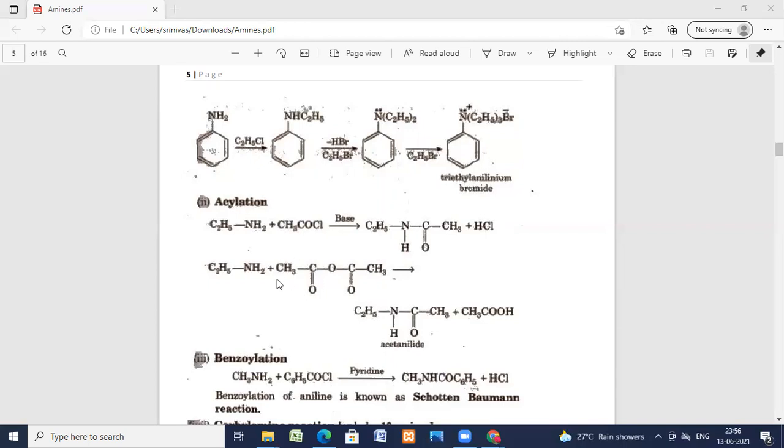One CH3CO group gets added here. C2H5 NH CO CH3 is formed and CH3COOH is liberated. In the first reaction HCl is liberated; in this reaction acetic acid is liberated. So this is acylation. Addition of an acyl group to the amine is acylation. Addition of an alkyl group to the amine is alkylation.